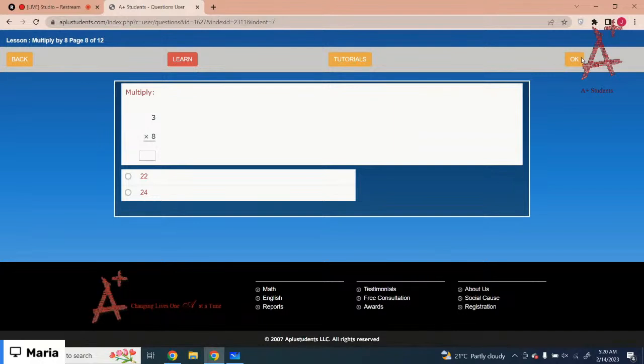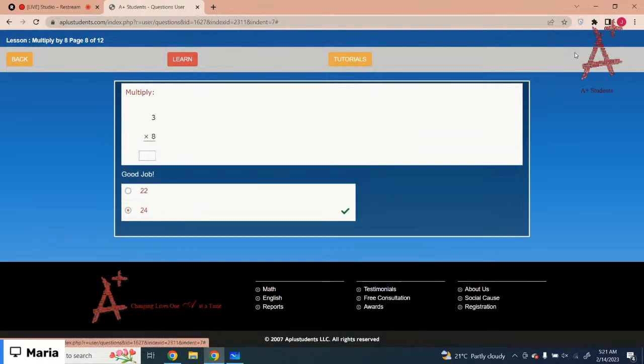So 3 times 8 is 24. So the correct option is 24.